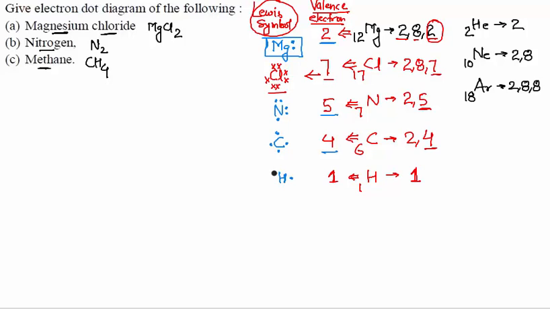Okay, so now we have seen the Lewis symbol, the valence electron, and the electronic configuration of certain elements as well as the noble gas.